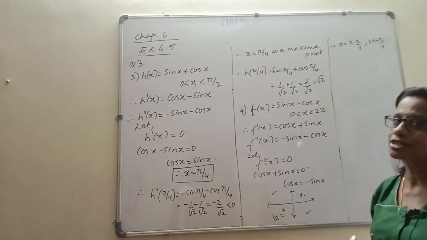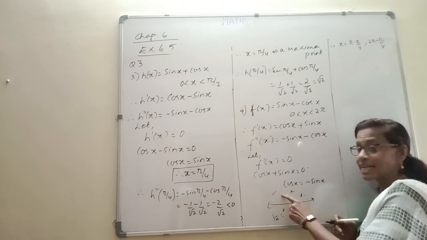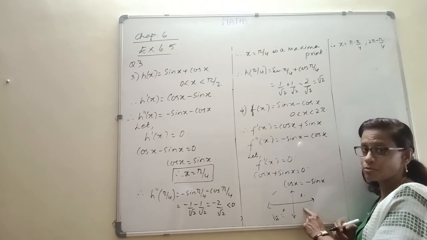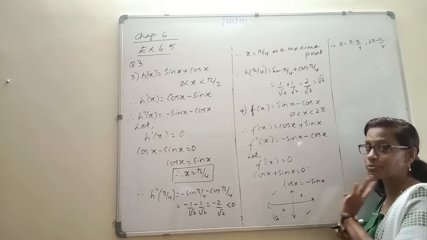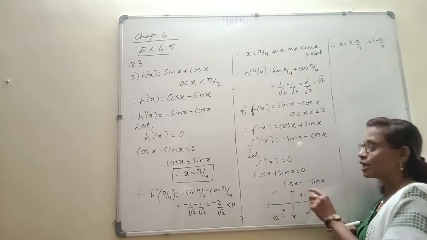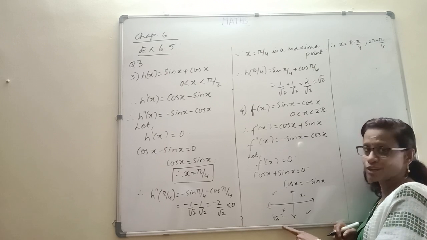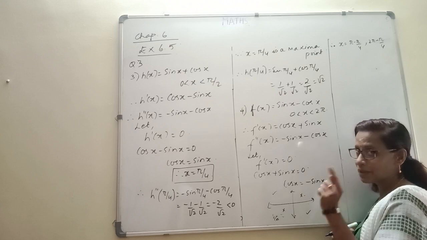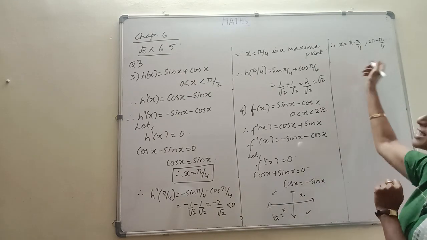In this quadrant only sine is positive, cos is not, but here cos is positive, sin is not. So one can become the negative of the other. In the other two quadrants we have to rule out, because here both are equal and there both are negative, so they are going to be equal, and you cannot have that possibility. Having these numerically equal is only possible at pi by 4. With all that criteria, you get that x is these two values.